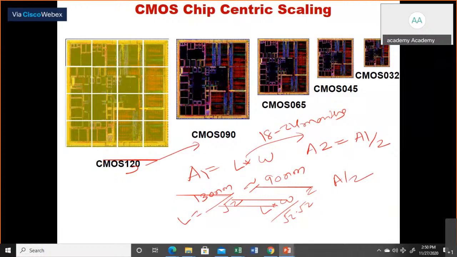You can see scaling means keeping dimensions small for transistors, so that we can increase the number of transistors in an integrated circuit. More transistors lead to more functions or a more powerful processor, or in terms of memory, more memory can be integrated on the same chip.